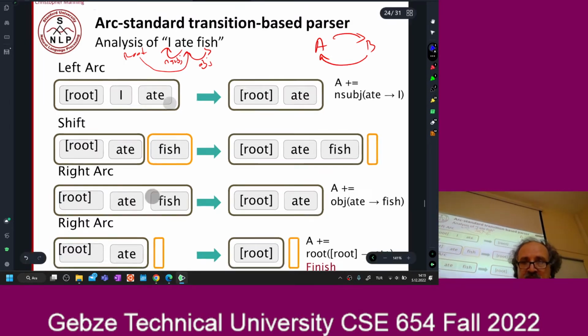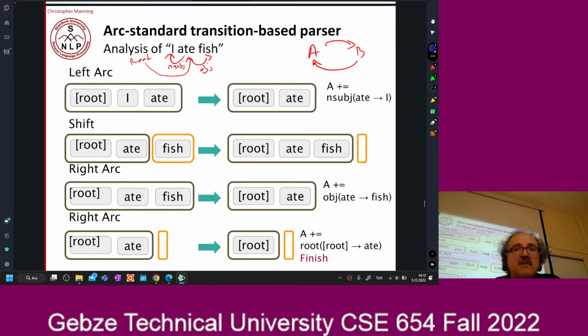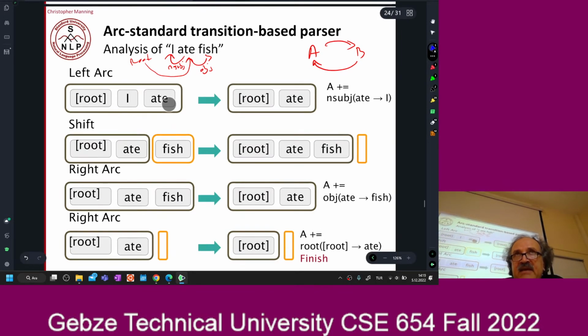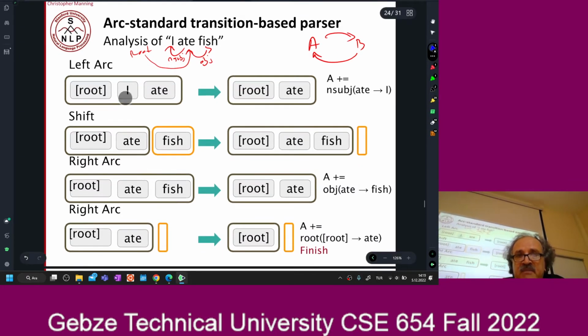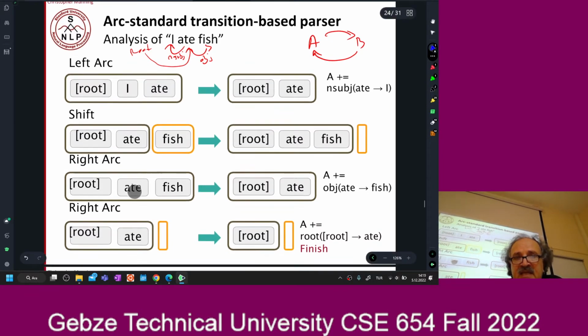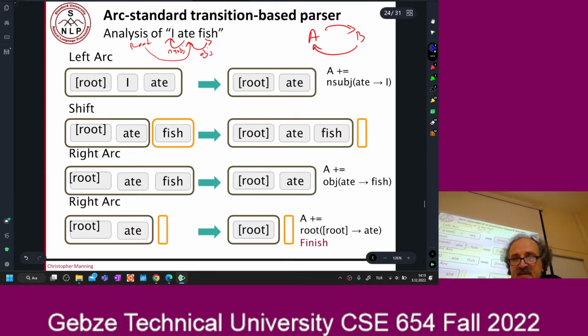One takes the rightmost one, the other takes the leftmost. The relationship is always between these two. In the left arc, "ate" is the head, "I" is the dependent. In the right arc, "ate" is the head and "fish" is the dependent. So in both cases "ate" is the head, but their order is different.